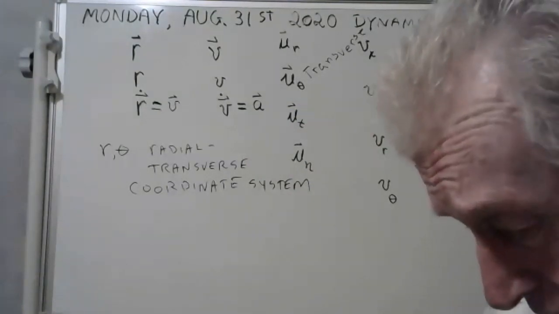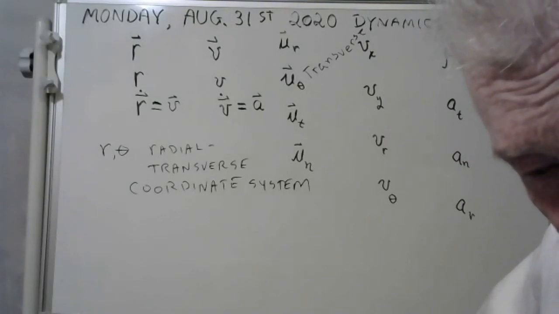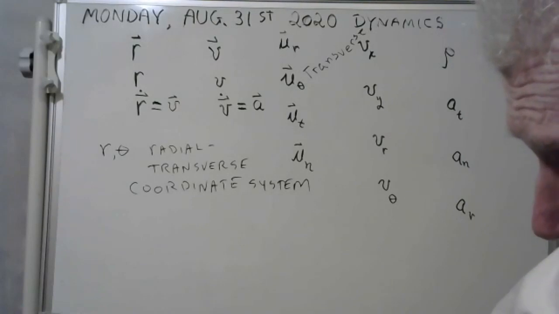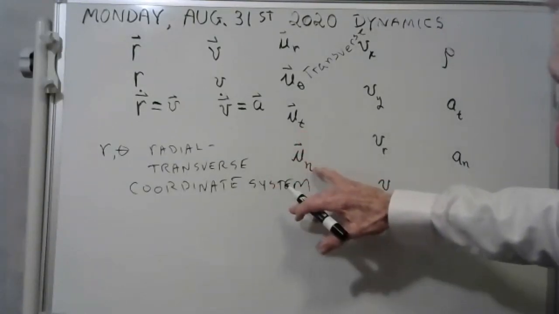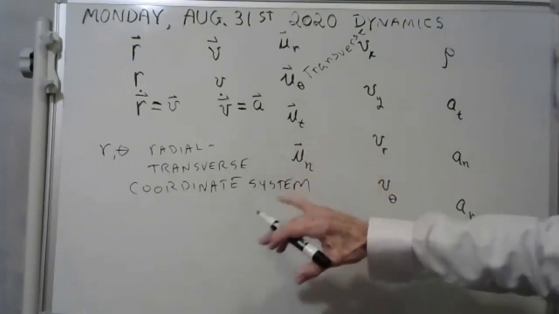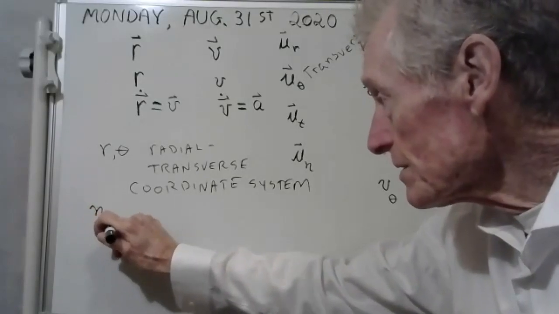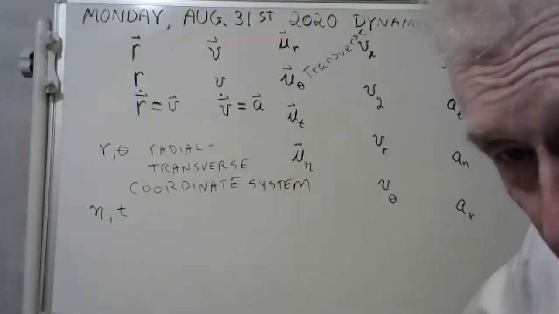Was it your computer or the internet? What do you think the problem was? I think it was the internet. Uh-oh. But you're with me now, Stuart. There's an NT system. There's an R theta and there's an NT. Do you know the name of that coordinate system, Stuart?